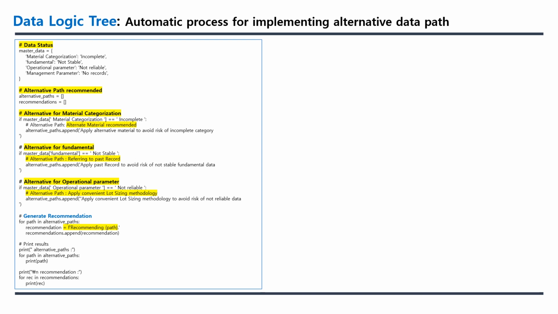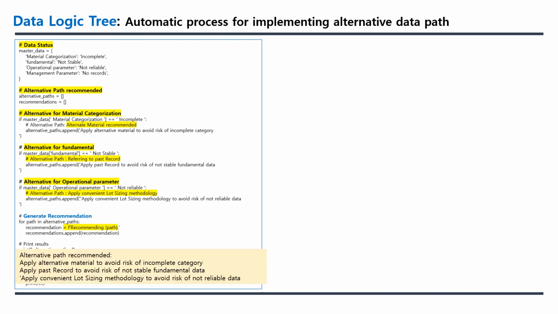For example, for material categorization, we can identify or recommend alternative materials, and for lot sizing, maybe we can recommend another methodology like POQ or EOQ, so that this program will generate an alternative way. And then we can first roughly identify the alternative methodology and alternative data path.